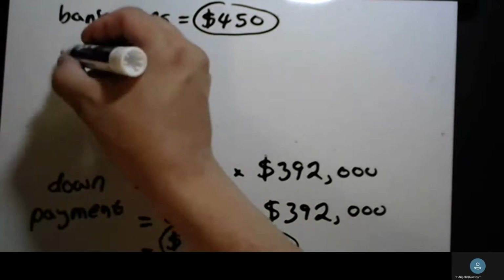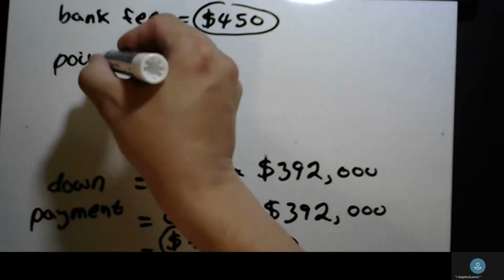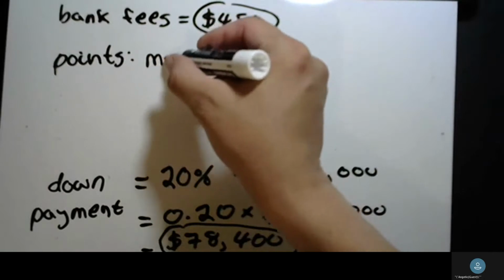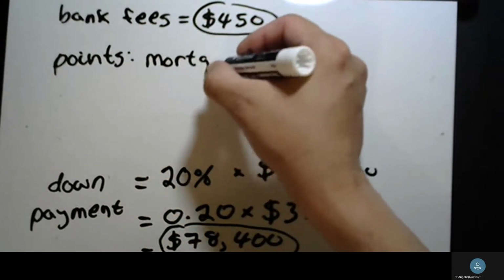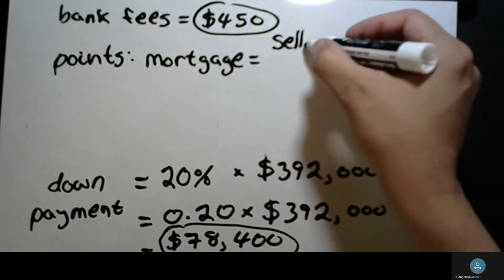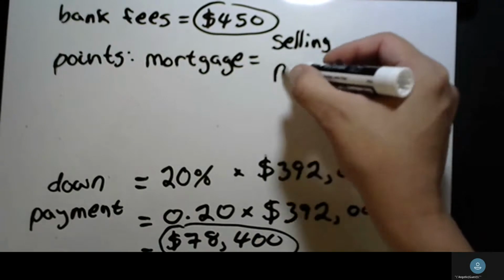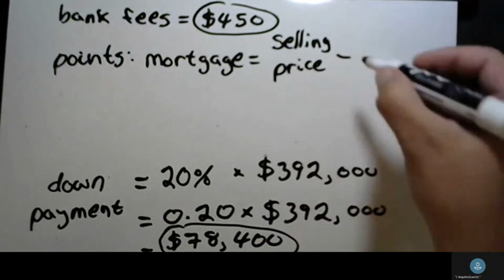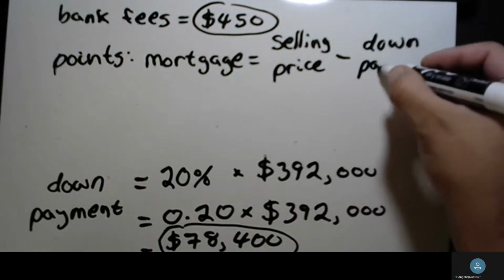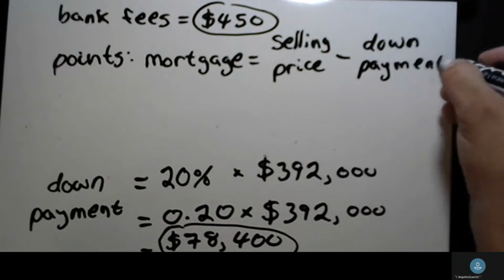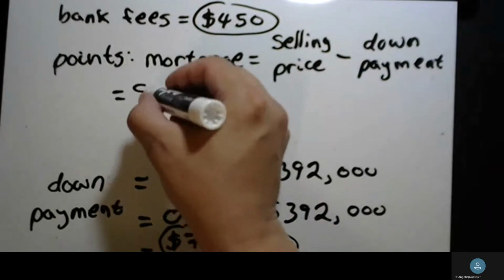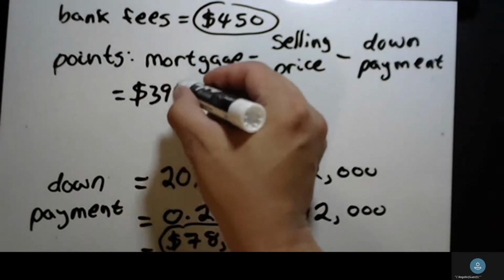Now the points, these are calculated using the mortgage. So the mortgage, well, that's selling price minus down payment. And so the selling price was the 392,000.